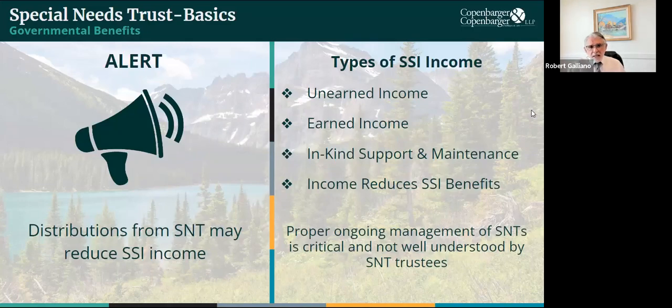Let's talk about SSI income, because this is really also something that I would like all of you to have a general understanding of. First of all, remember that SSI income is earmarked by the government to pay for two things: food and shelter. So the government does not want you to pay for the beneficiary's food and shelter, because the government then will say, wait a minute, we are paying for the food and shelter.